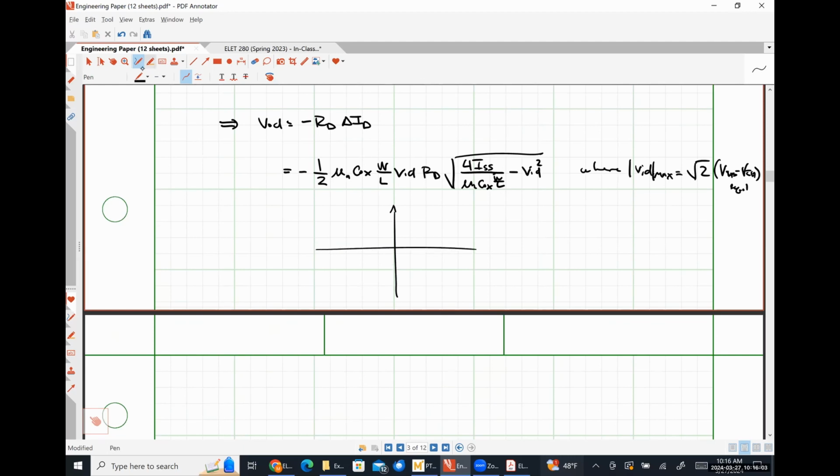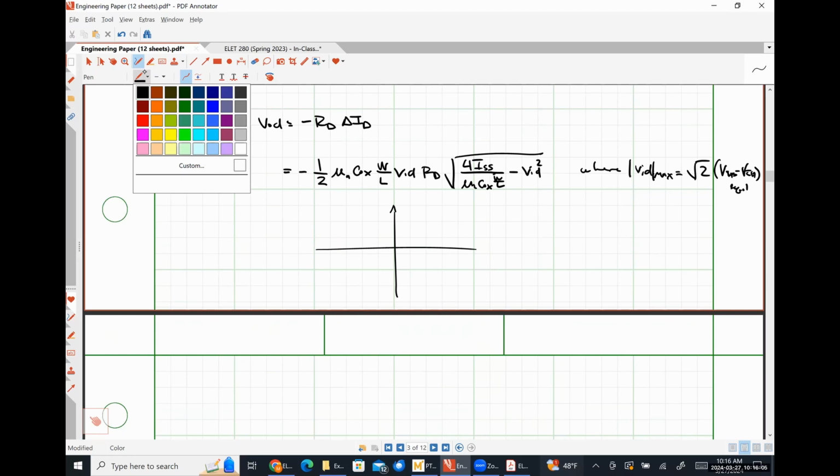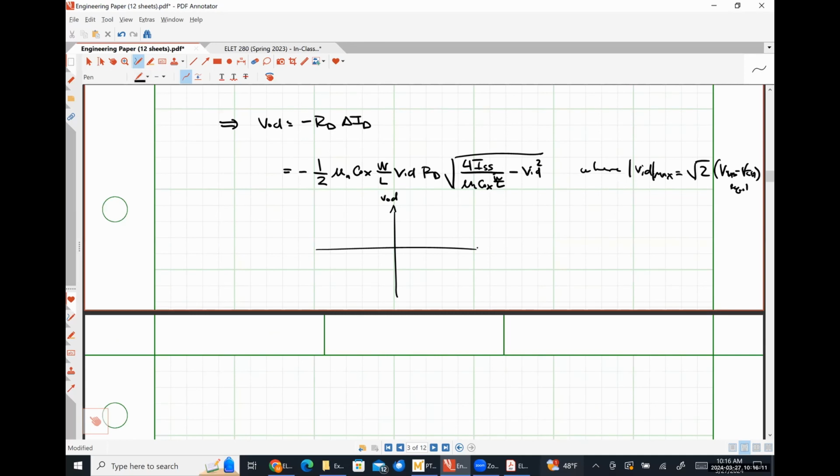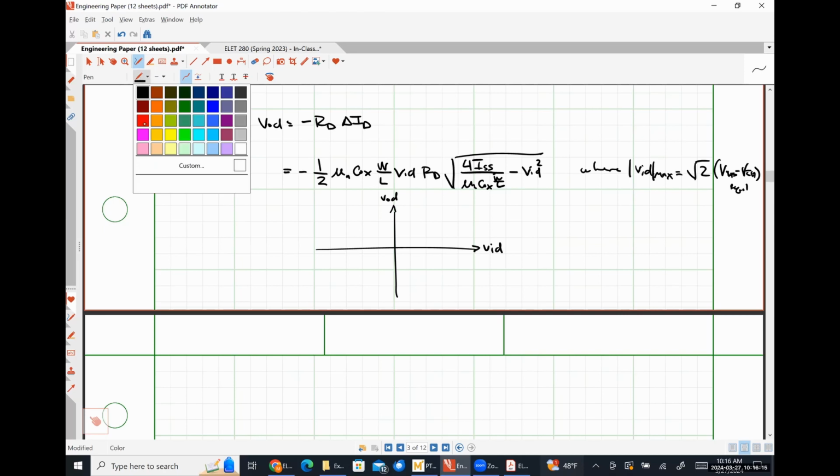And graphically, we're going to have something like this. So this is V_OD on this axis, V_ID on this axis.